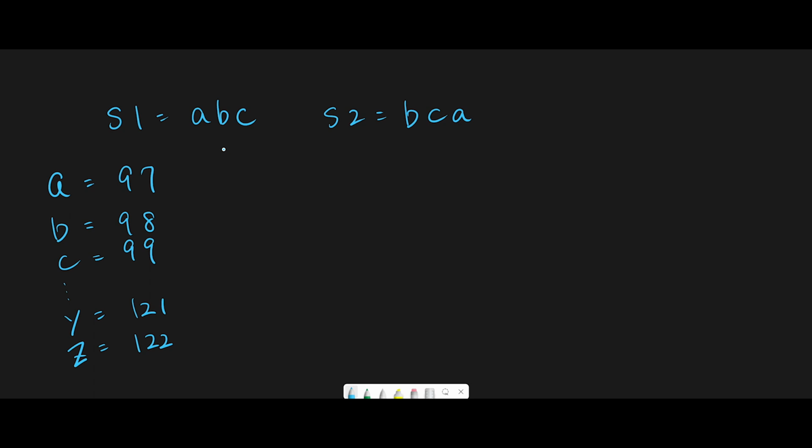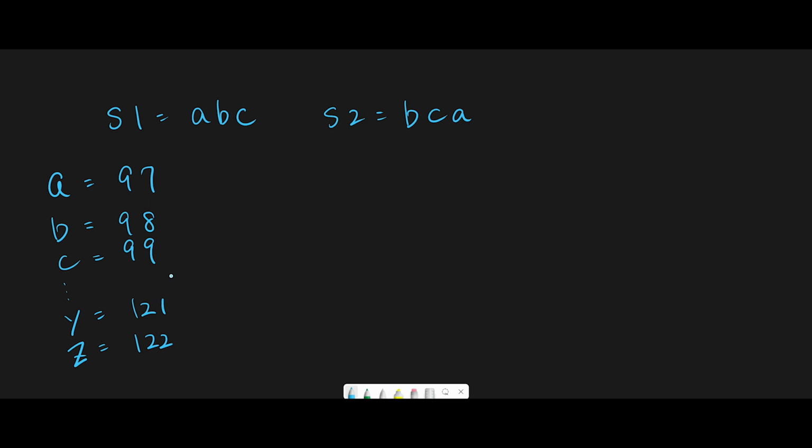Okay, so let's talk about the third method using ASCII values. There are two prerequisites. One is they are the same length, and the other is the range of character types. So we use ASCII values as an index number. For example, lowercase a is 97, b is 98, c is 99, and y is 121, and z is 122.